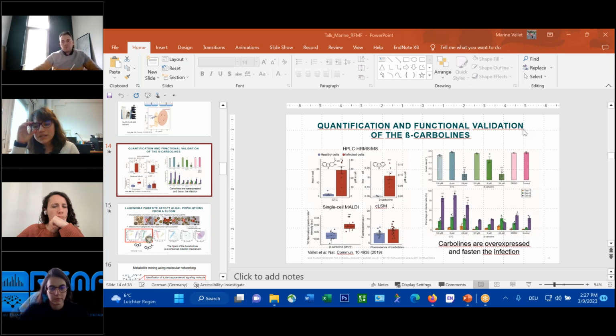I think what is missing is that with a single cell, you cannot do what you can do when you have LCMS and you do untargeted MSMS experiments with DDMS, for instance, data-dependent mass spectrometry. You cannot do it on one single cell. This means that we are not yet at the stage where we can just plug MSMS from single cells into GNPS, for instance, and look for a novel compound.